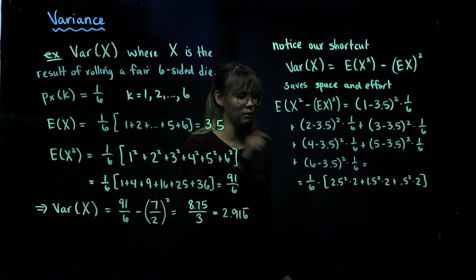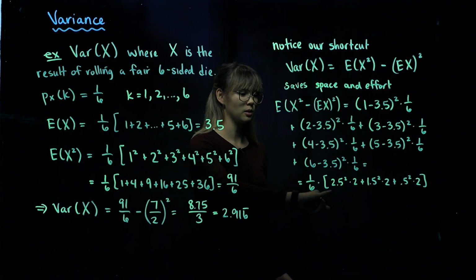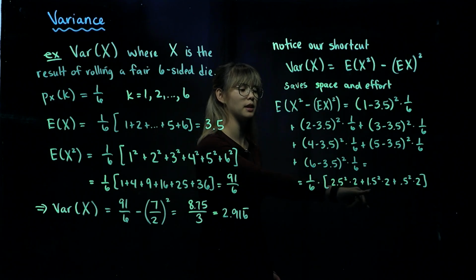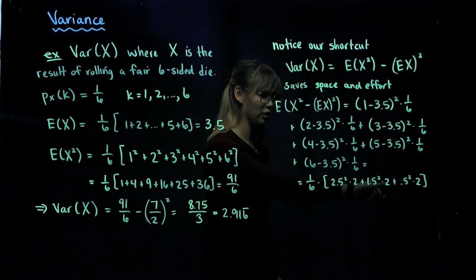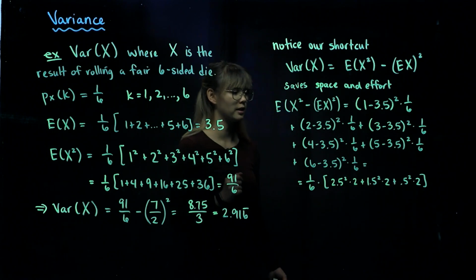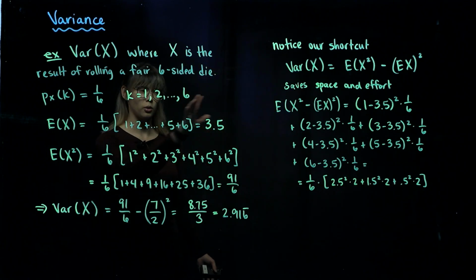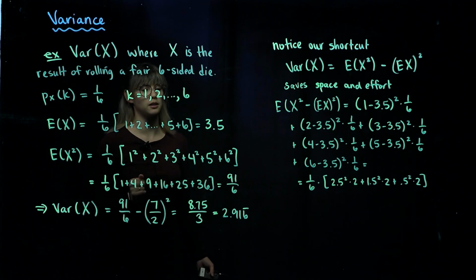In other words, this is equal to 1/6 times 2.5 squared times 2 plus 1.5 squared times 2 plus 0.5 squared times 2. So either way that we calculate it, we get the same answer.